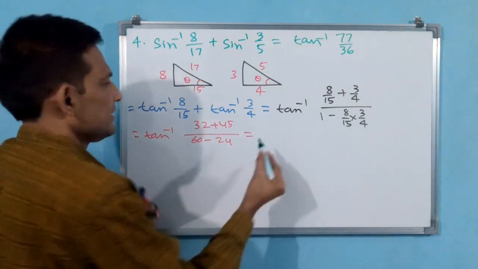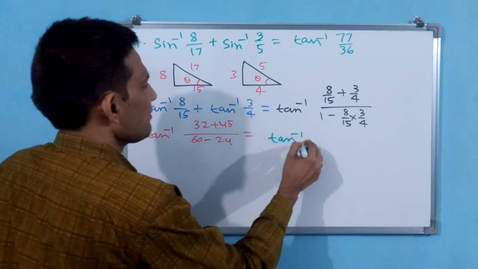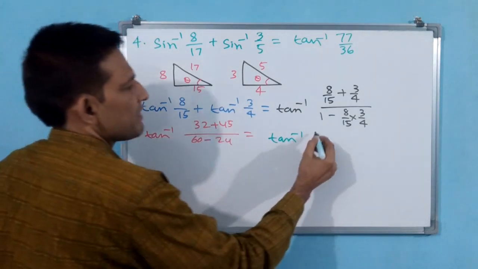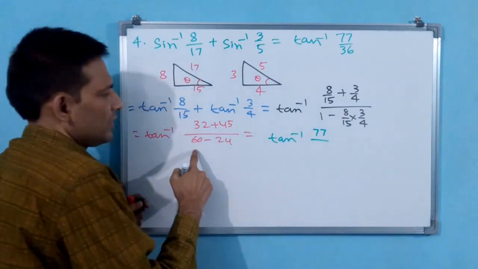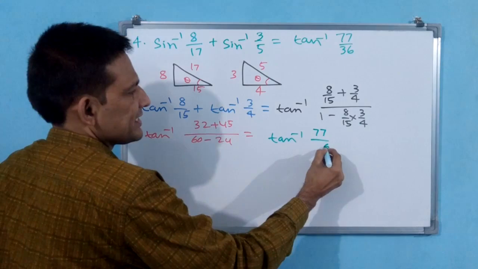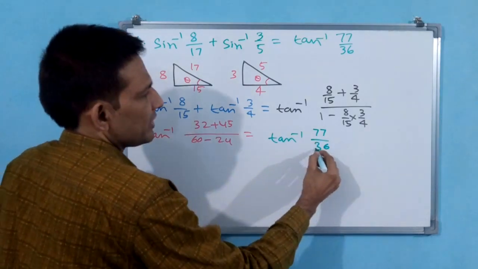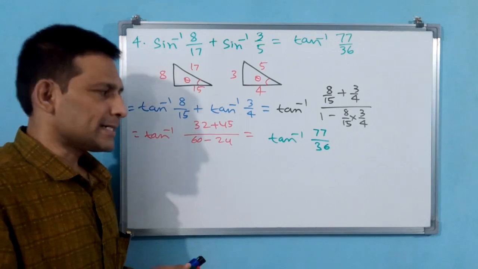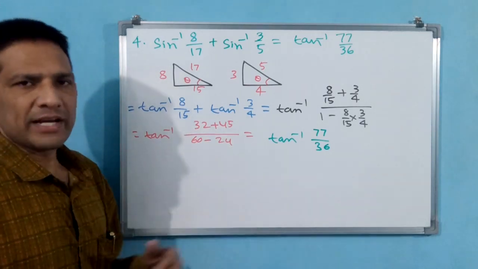Now tan inverse of (32 plus 45, that is 77) by (60 minus 24). 10 minus 4 is 6, 5 minus 2 is 3. Is this the value? LHS is equal to RHS, you can write.